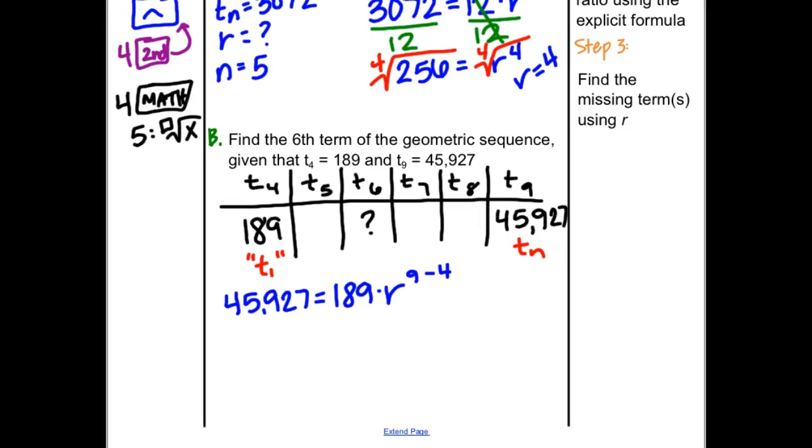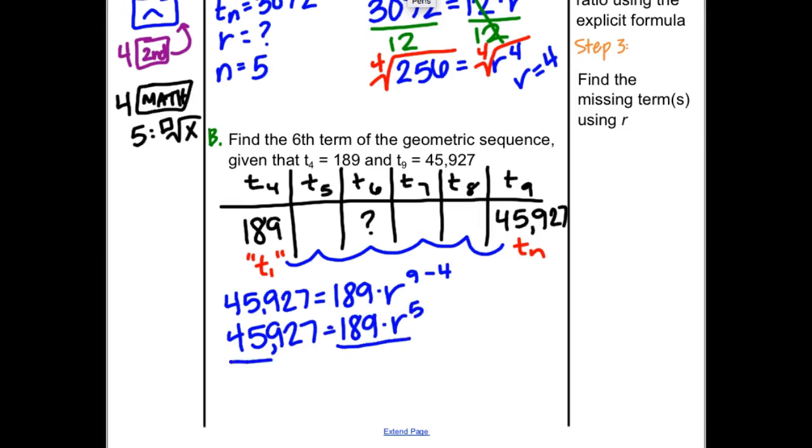Otherwise you could look at it as you apply the common ratio 1, 2, 3, 4, 5. Well, ironically, 9 minus 4 is 5. So then we simplified, and we got 45,927 equals 189 times r to the 5th.